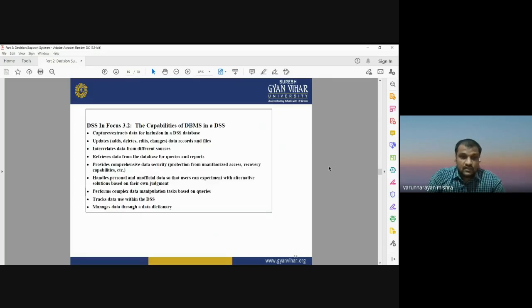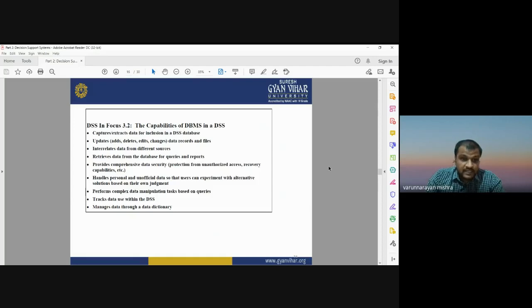Okay, so the capabilities of a DBMS: how capable is the database management system, and how can we use it in a decision support system? As we know, a database management system has several characteristics and properties. The DBMS, or database management system, captures or extracts the data for inclusion in a DSS database.